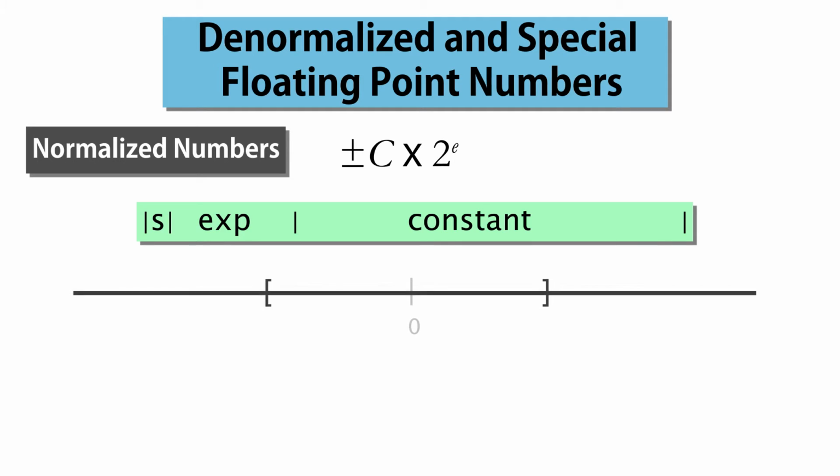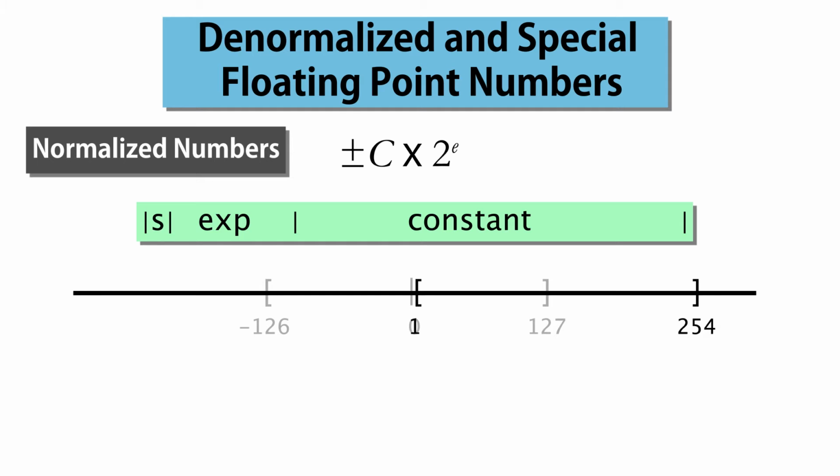That means that the range of possible exponents, minus 126 to positive 127, is shifted in the positive direction by adding a constant of 127. This ensures that the value recorded in the exponent field will always be positive. To recover the actual exponent, we just subtract the bias of 127.